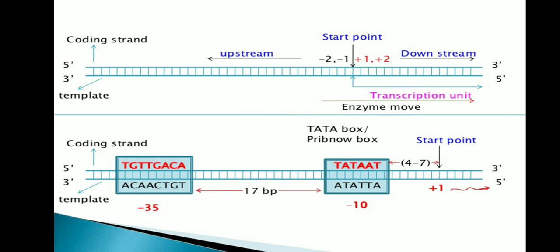You can see here the coding strand and the template strand. Here you can see the promoter sequences are actually on the coding strand, right? You can see here the TATA box, also called the Pribnow box, from where the RNA polymerase is going to bind.